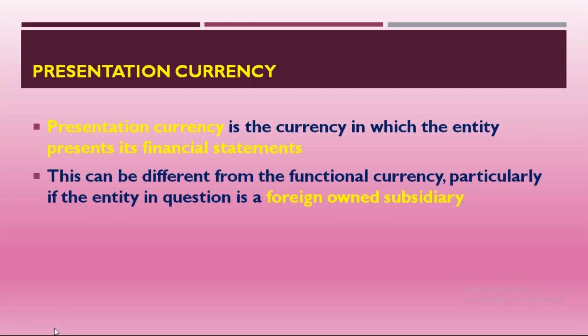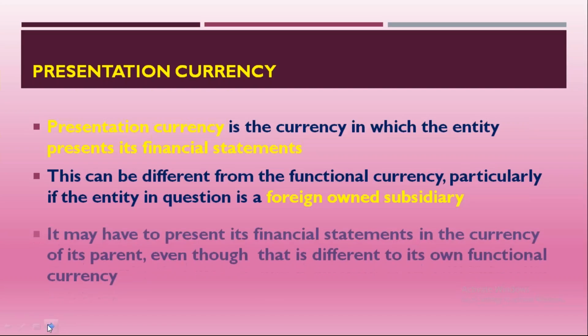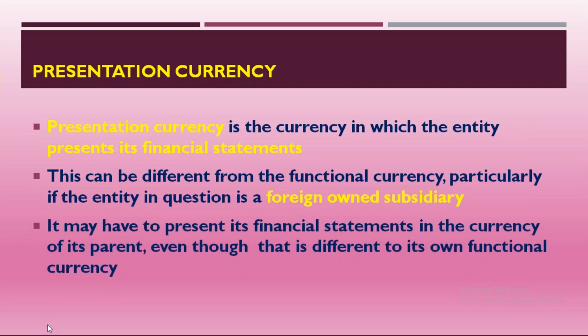But when you want to present the consolidated financial statements, you have to convert the Sri Lanka subsidiary into the UK presentational currency, which is your home currency. In that case, it is your sterling pound. So it may have to present its financial statements in the currency of its parent, even though it is different to its own functional currency.